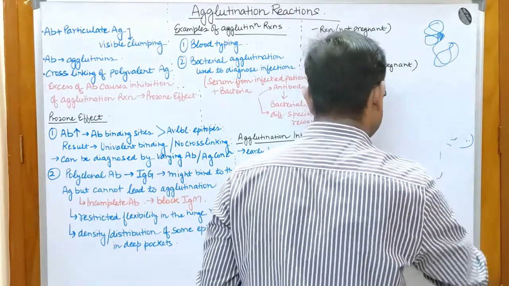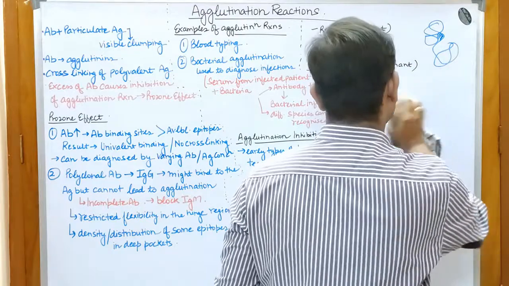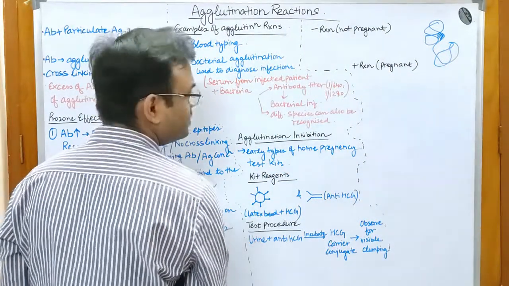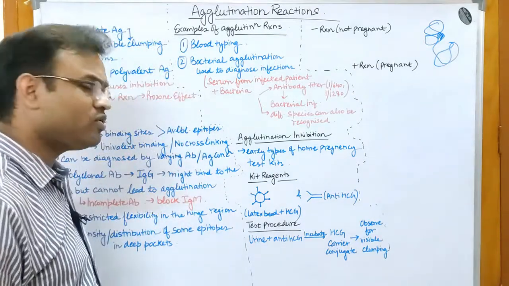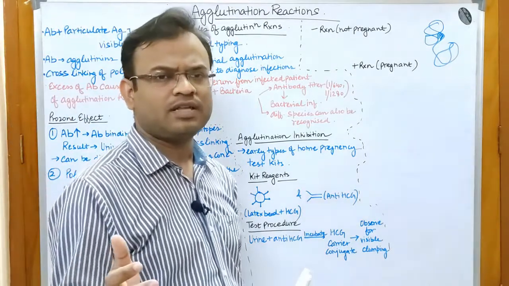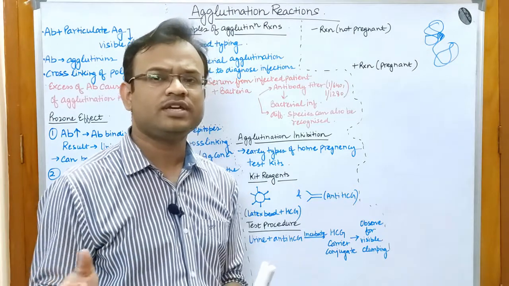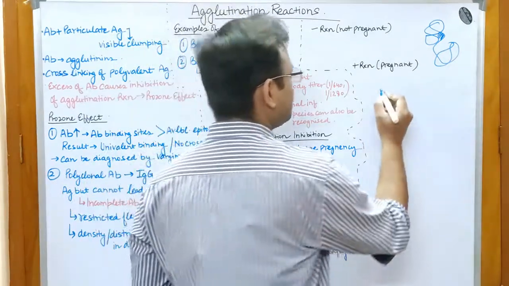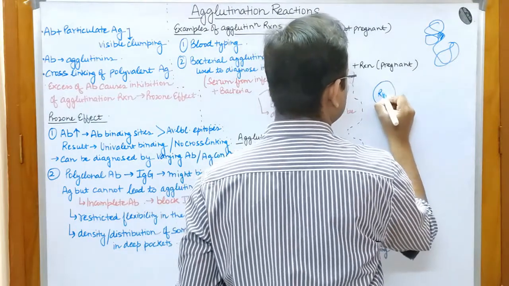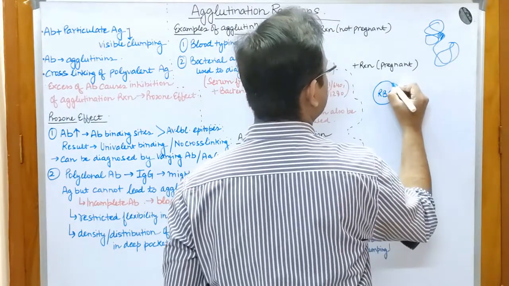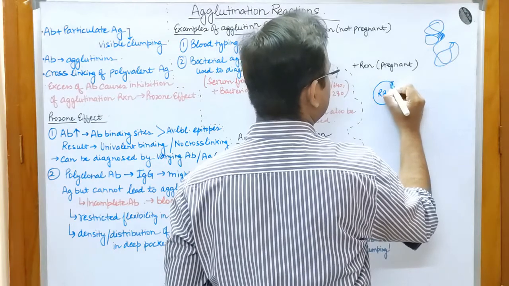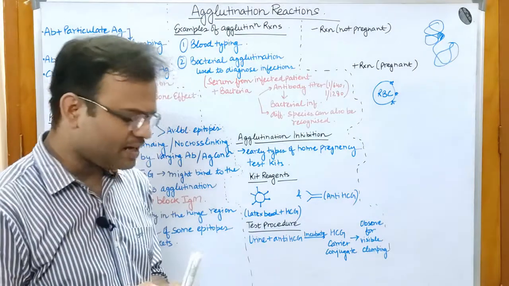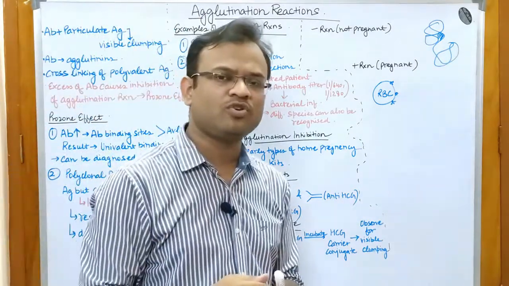Whenever you go for a blood test and the technician tells you that you have a blood group of such and such type, what is he or she doing? He or she is doing agglutination reactions, because you know that on the RBC there are certain antigens present. These antigens determine what type of blood group you have.